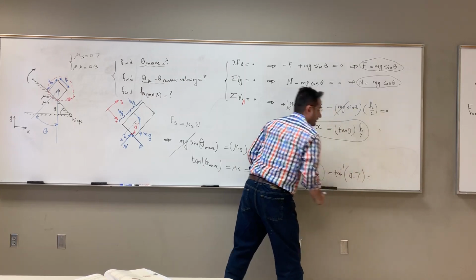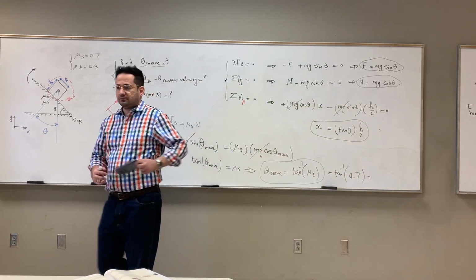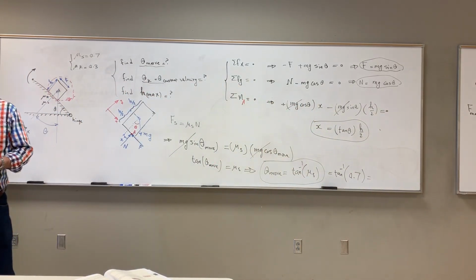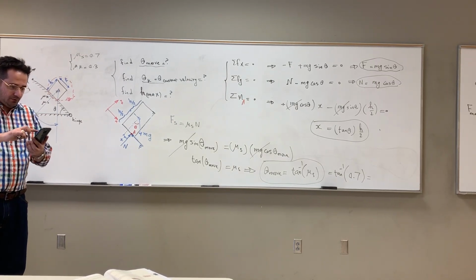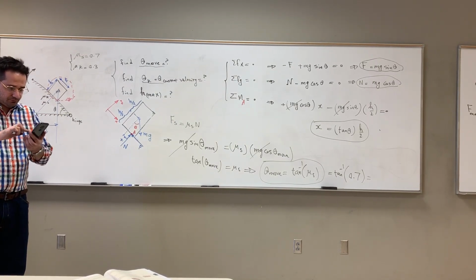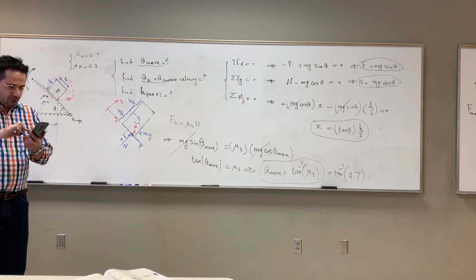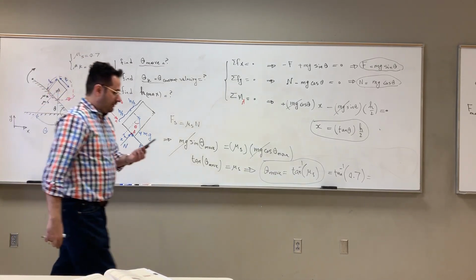If you put it in a calculator, arctangent 0.7 is 35 degrees.